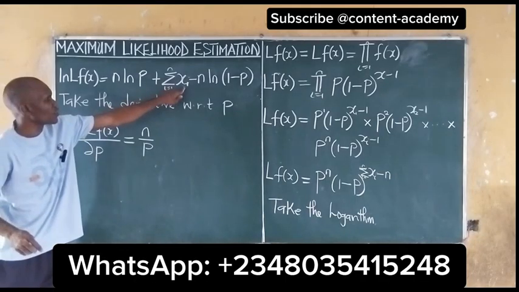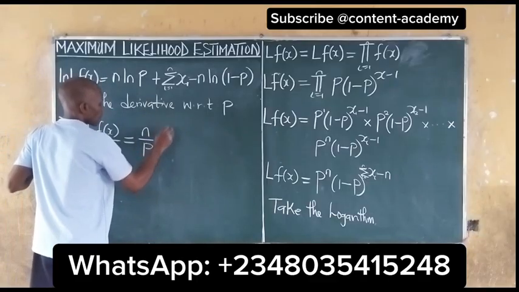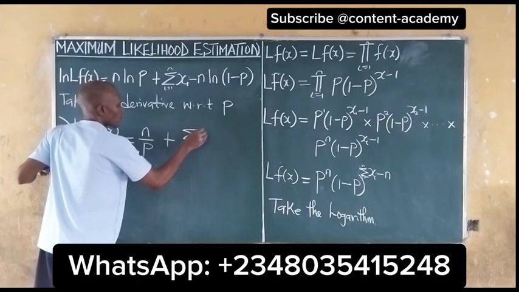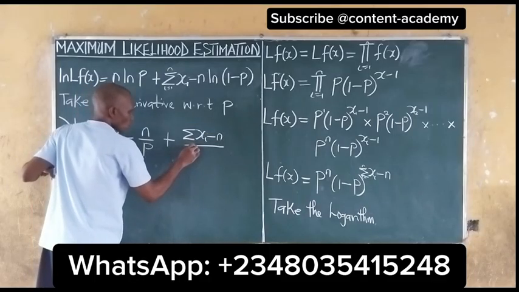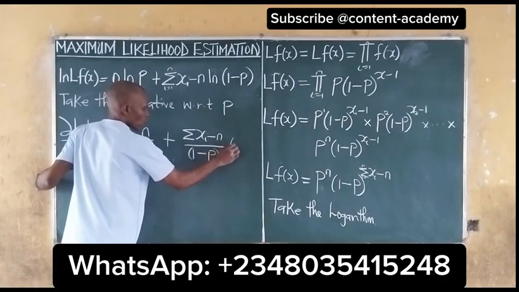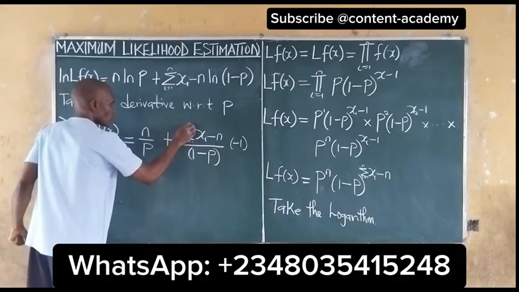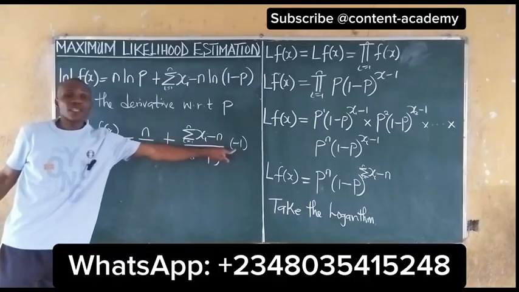Now, if we differentiate this with respect to p, we have plus summation of si all over n all over 1 minus p. Since you are differentiating with respect to p, we will have negative 1, as i running from 1 to n. So we can rewrite this properly because of this negative sign.